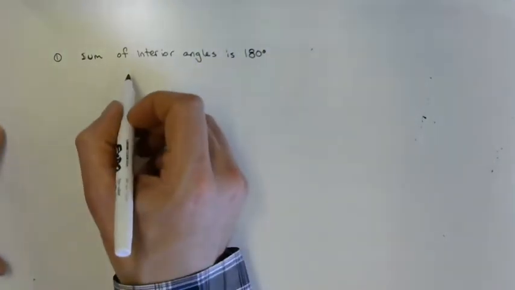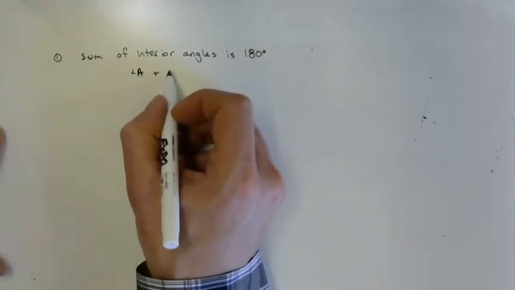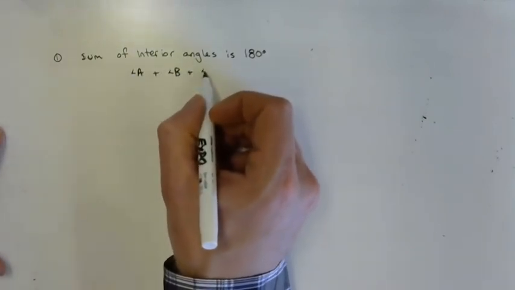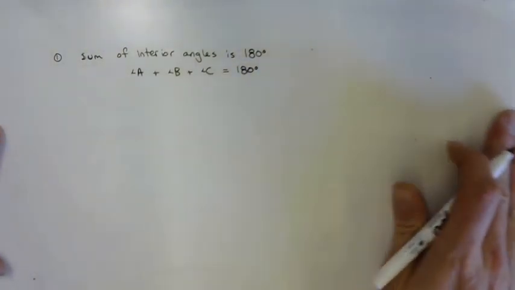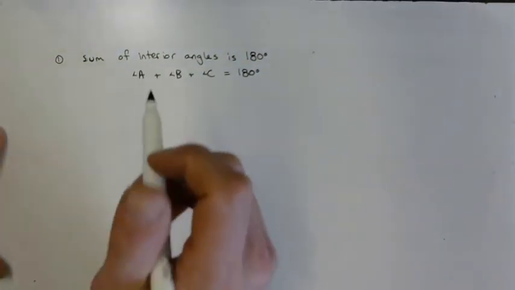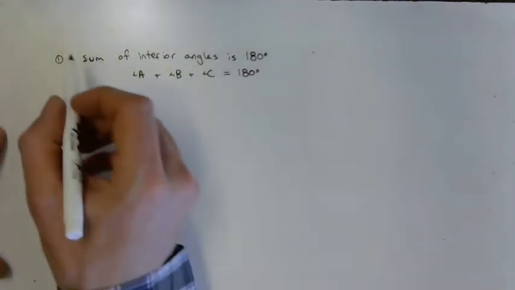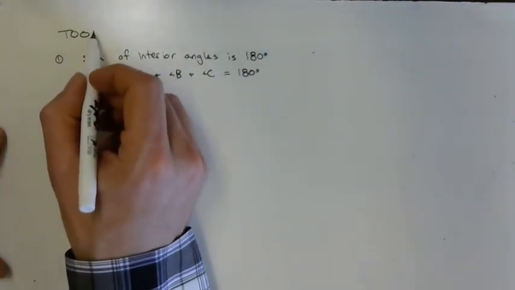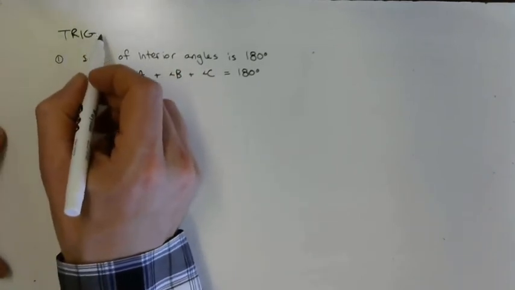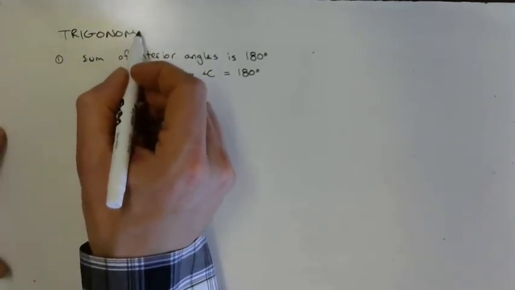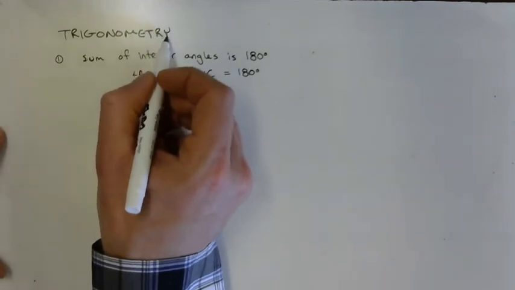What does that mean? It means angle A plus angle B plus angle C is 180 degrees. Does not matter what kind of triangle you are in, that is always going to be true. This is your trigonometry toolbox.